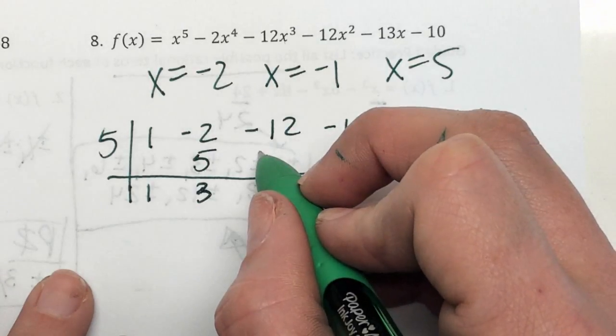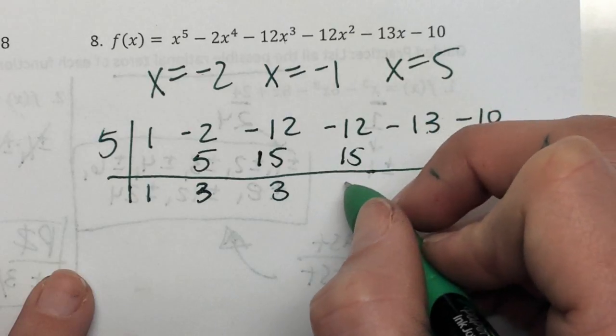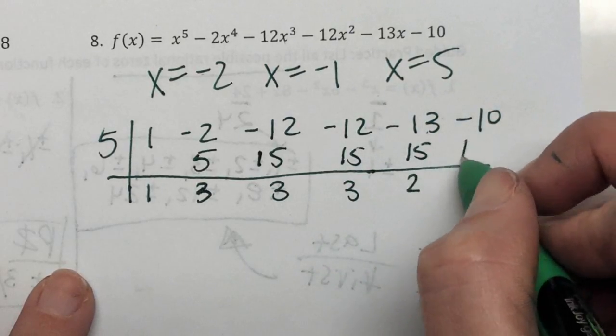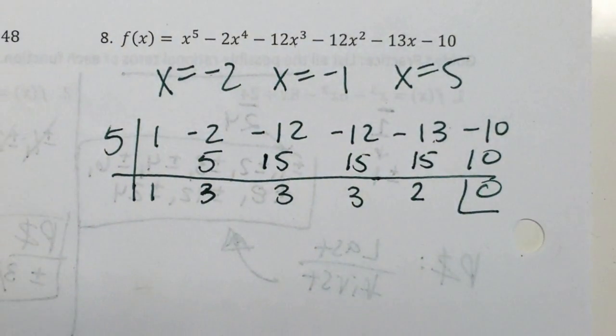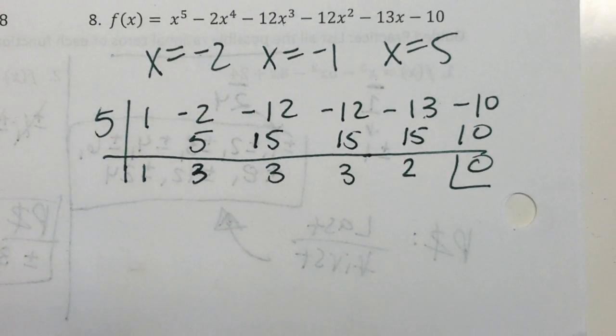What goes here? 15. Here? 3. Here? 15. Here? 3. Here? 15. Here? 2. Here? 0. And good. Okay? Hold on. I have messed up. Alright. Do y'all see where there's going to be a problem?